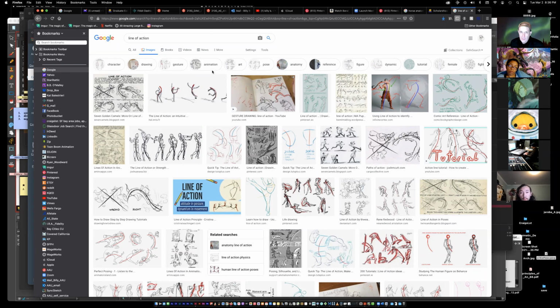But what I'm going to do is just take you from the idea of the line of action within a horse into the idea of a line of action into regular human or human character poses.